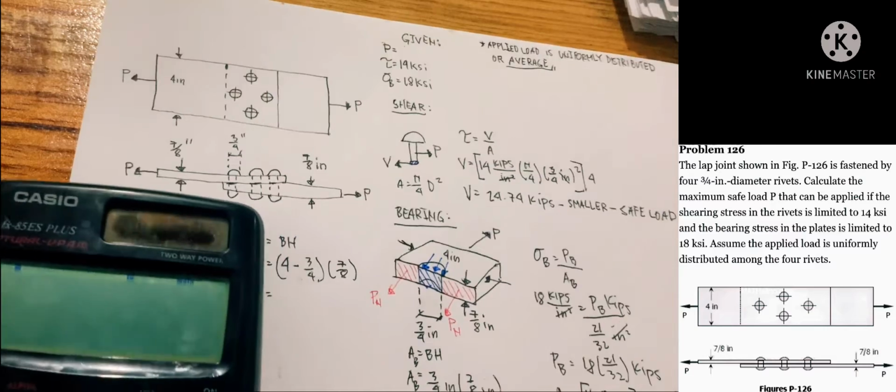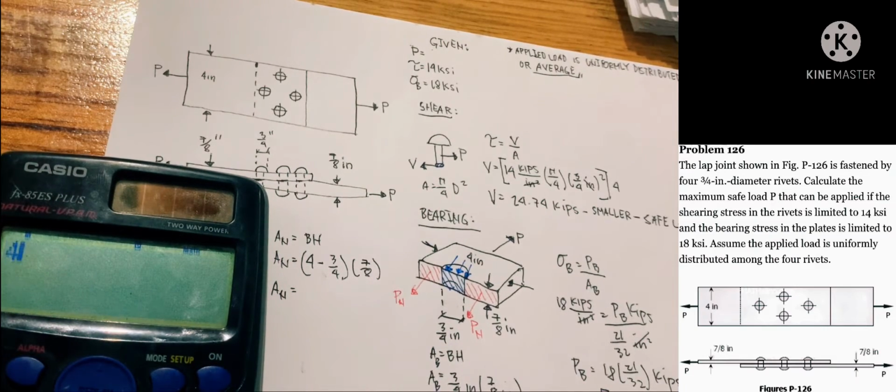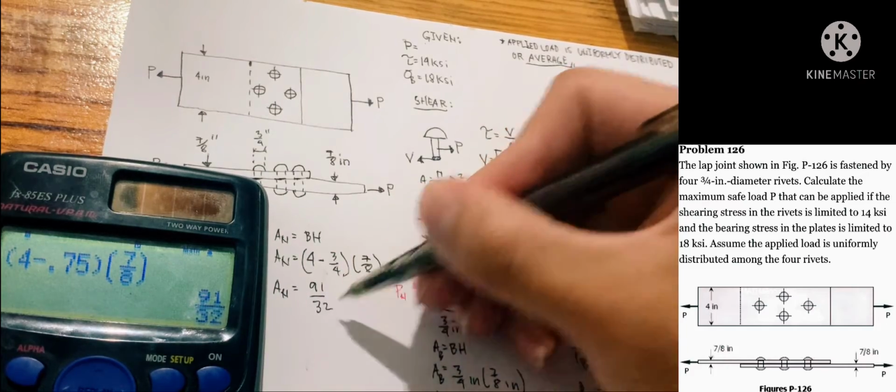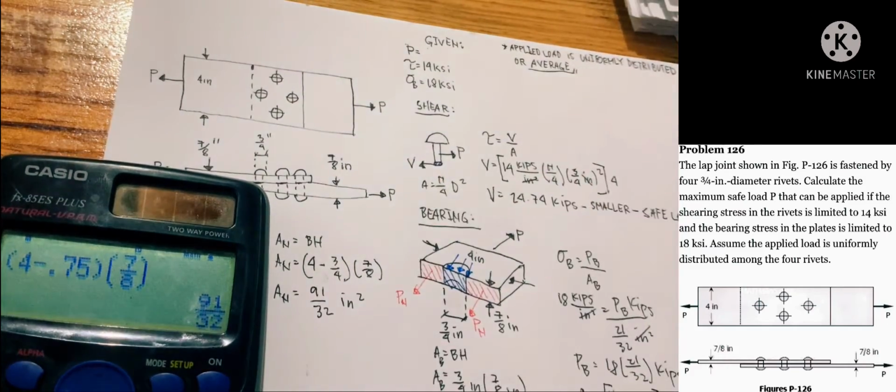A sub n is 3.25 multiplied by 7/8. Our answer is 91/32 inches squared.